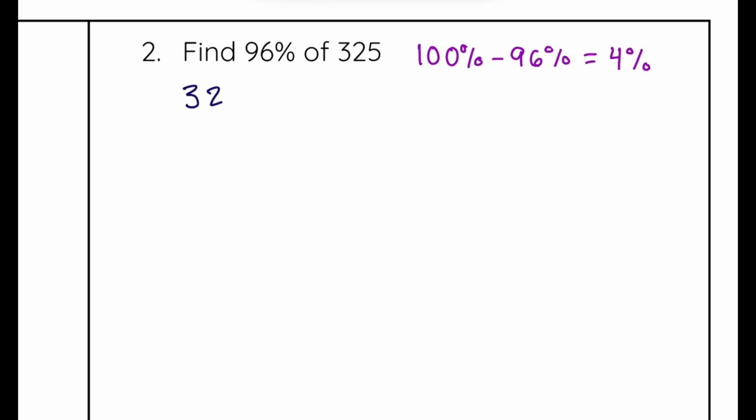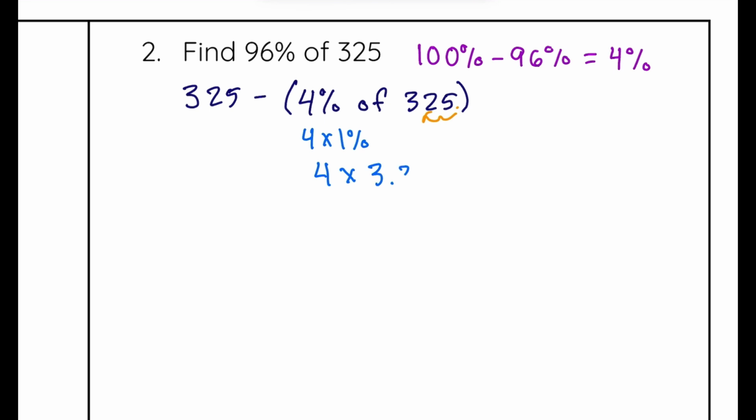So 325 minus 4% of 325. And we can use that same shortcut we did in the previous example where we say, okay, 4%, that is 4 times 1%. 1% of 325, if we move the decimal 2 places to the left, that's 3.25. So we're looking at 4 times 3.25.